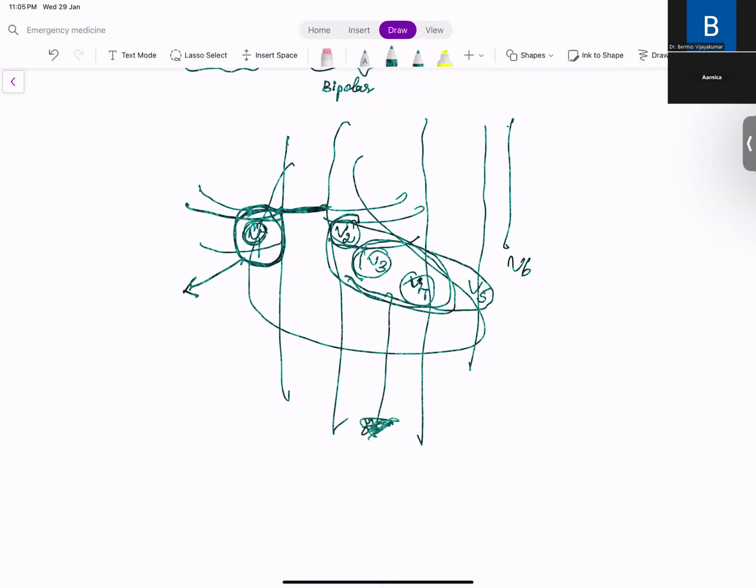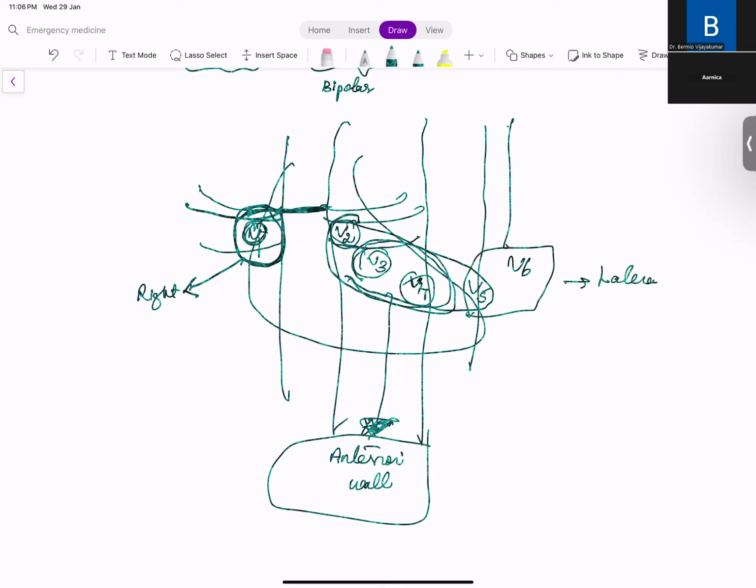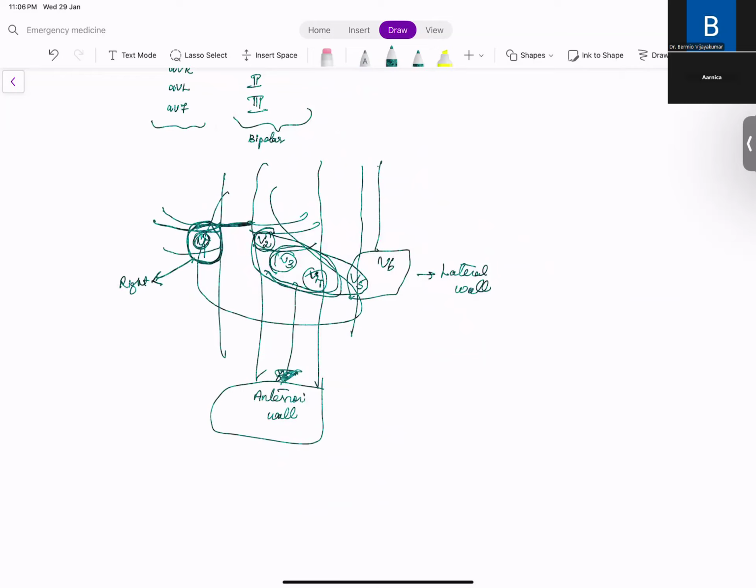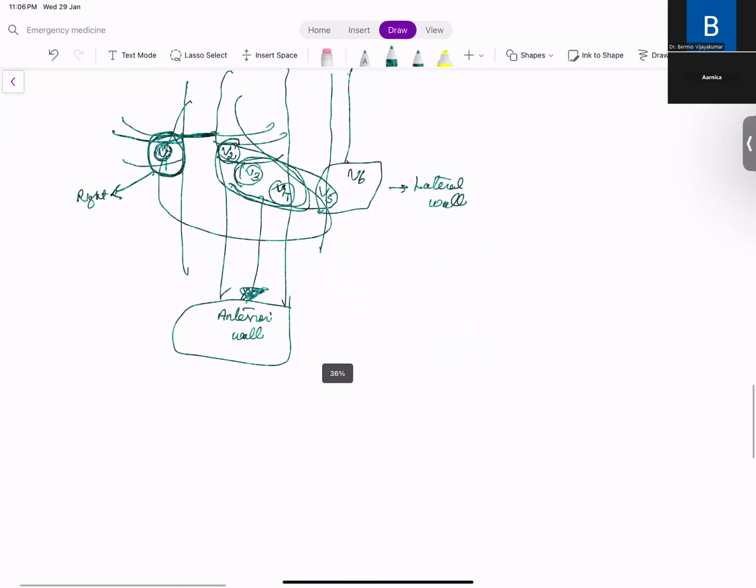So any changes in V2 to V4 mimic anterior wall changes. V1 helps to find out right side of the heart changes. V2 to V4 is anterior wall. V5, V6 go laterally, so V5, V6 help to visualize the lateral wall of the heart. Okay, so understanding chest leads is easy. V2 to V4 anterior wall, V1 right wall, V5, V6 lateral wall.